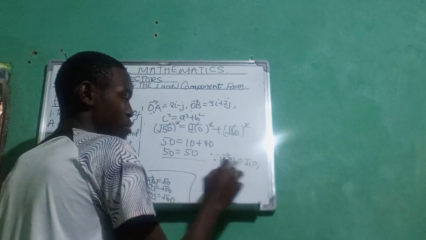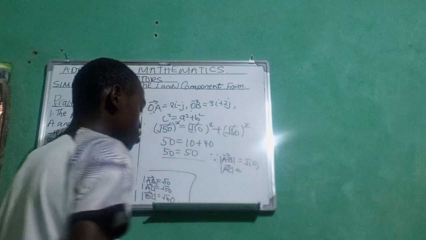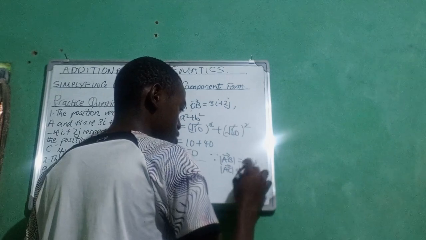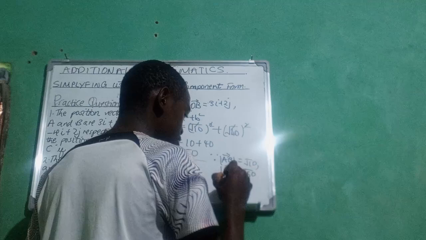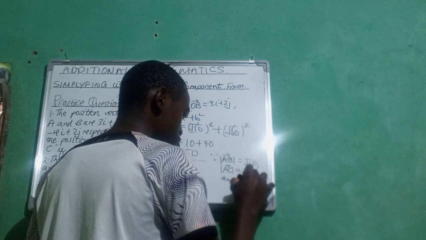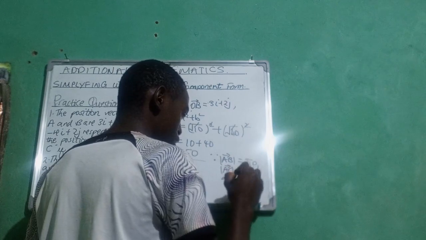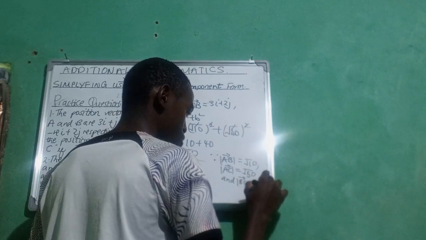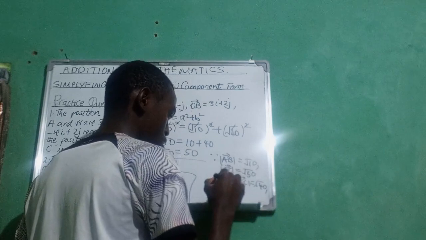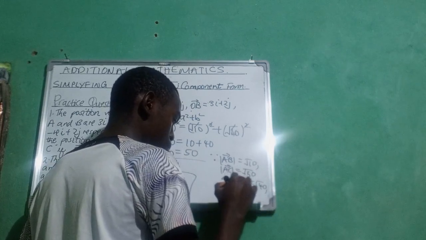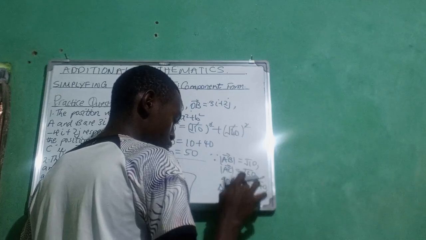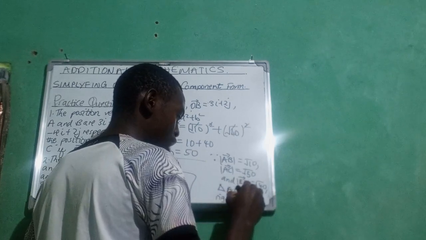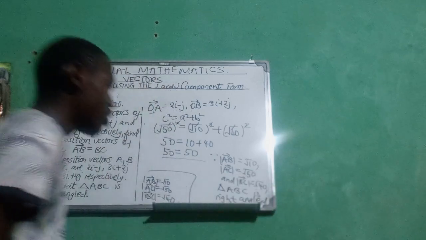So because the magnitude of AB is equal to square root of 10, the magnitude of AC is equal to square root of 50, and the magnitude of BC is equal to square root of 40, triangle ABC is right angled. And that would be your final answer.